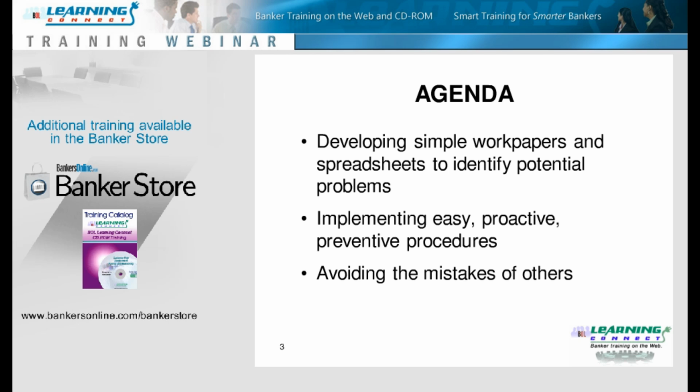We're also going to assist you in how to implement easy, proactive, and preventative measures. Now, these are easy as long as no one else is digging in their feet and kicking and screaming. That's your problem. We also want to talk about avoiding the mistakes of others. By seeing what other financial institutions have gotten their hands slapped on, which I review regularly, I can see where my clients might go wrong.